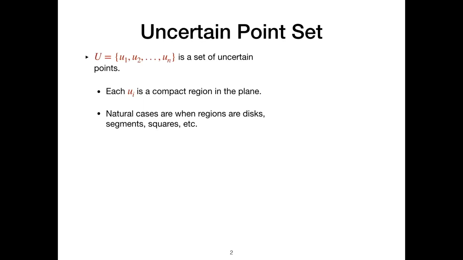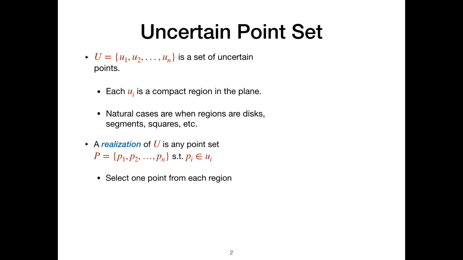For a set of uncertain points U, each uncertain point Ui is a compact region in the plane. Natural cases are when regions are disks, segments, squares, etc. A realization of U is any point set P formed by selecting one point from each region.